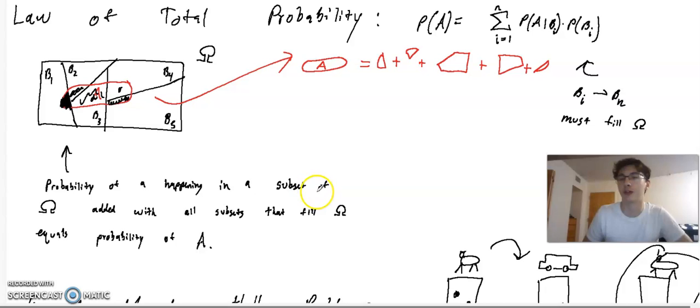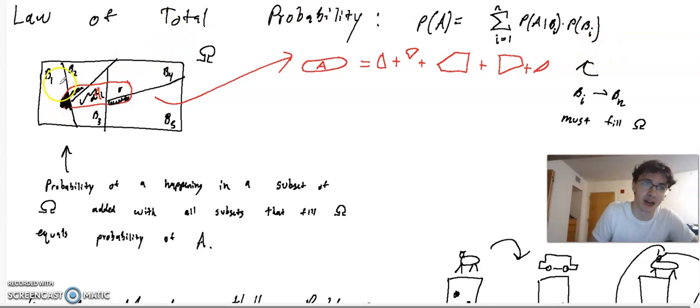The law of total probability states that if we have a sample space omega, and we partition it into subsets B sub i through B sub n, that must fill all of omega, and we have an event A inside, then the probability of A equals the summation of the probability of A given B sub i times the probability of B sub i.